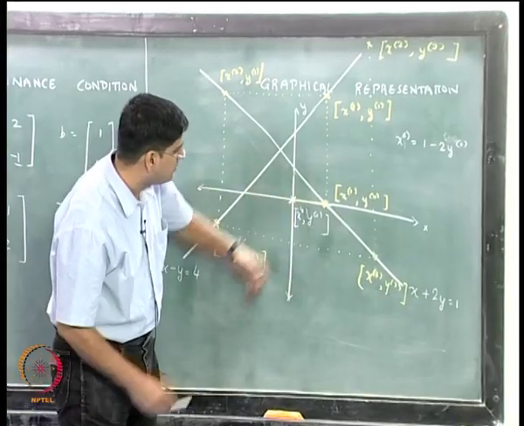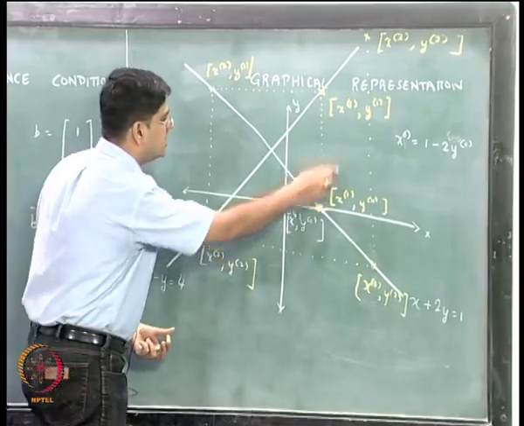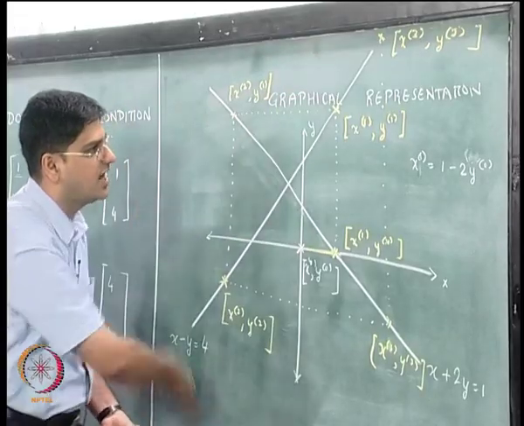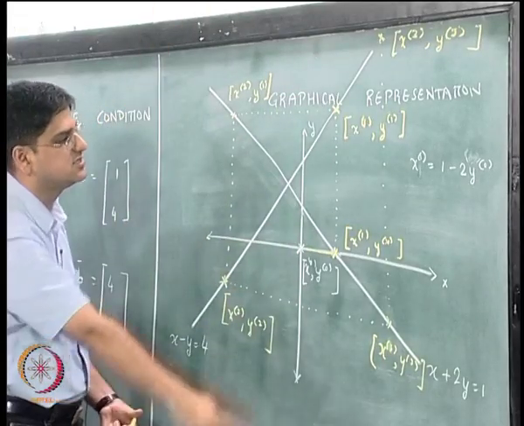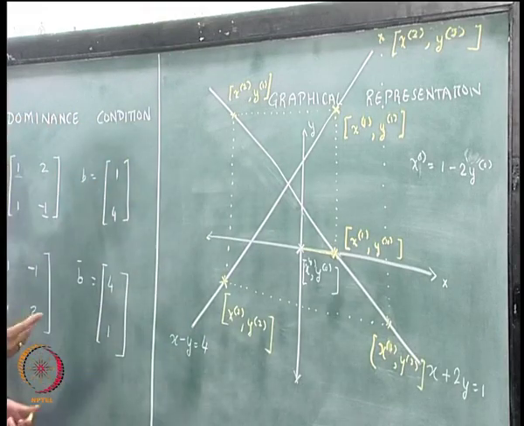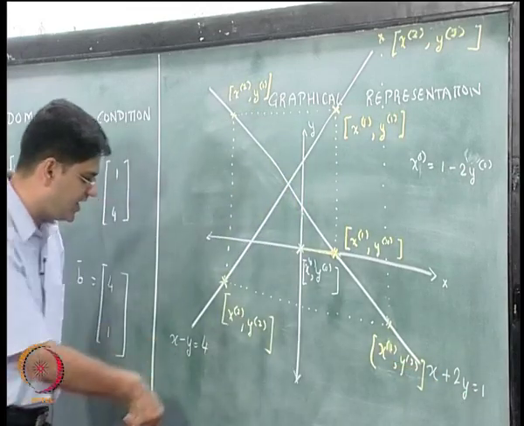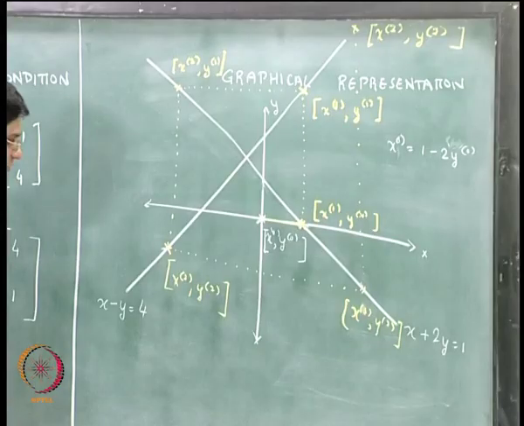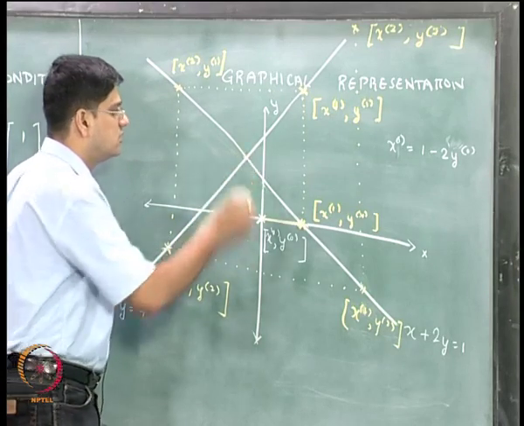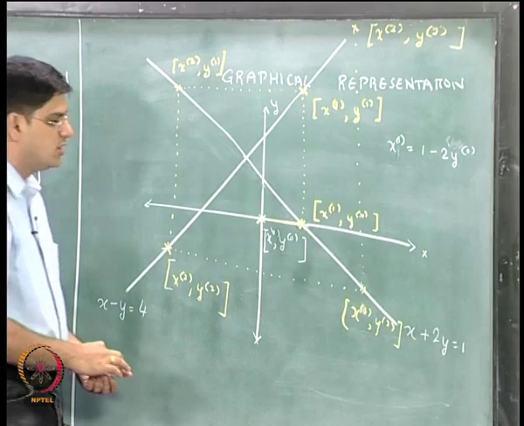We are starting from the origin and we keep going in circles, and that spiral is essentially an expanding spiral. So with the method we are using, if x plus 2y is our first equation and x minus y equal to 4 is the second equation, we are not going to reach the desired solution, that is this particular point.